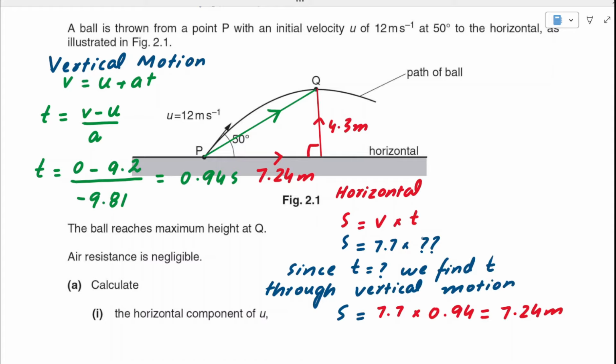If you could find the value of time from the horizontal motion, you can place the value of time in vertical. But generally what happens is you have to find the value of t, the value of time from the vertical motion. So usually in the question that you have, the value of t has to be found through the vertical motion and then you place it in the horizontal motion equation.